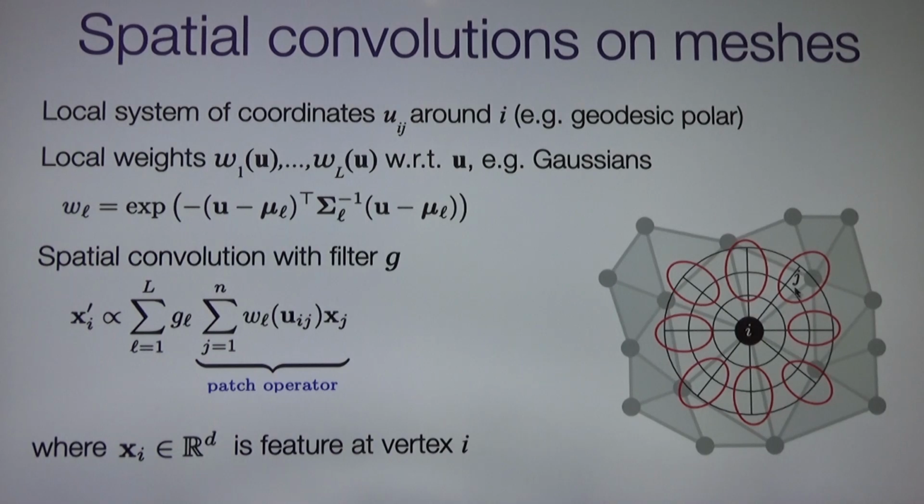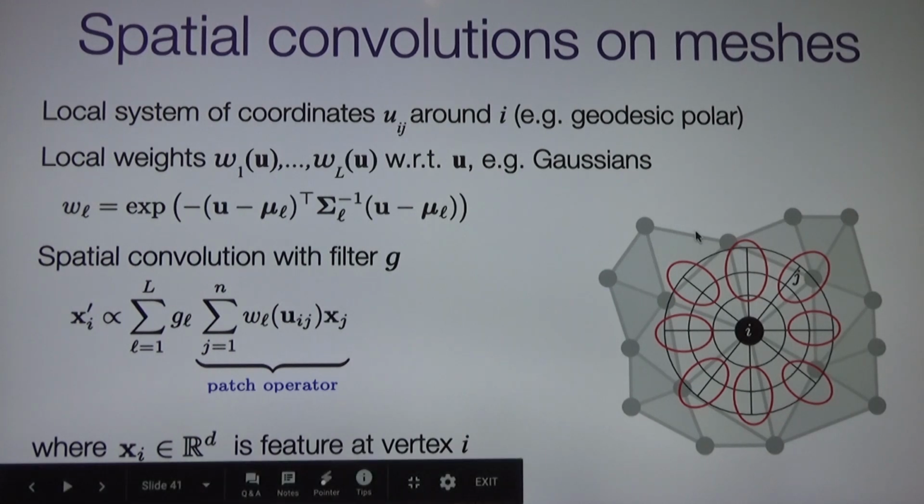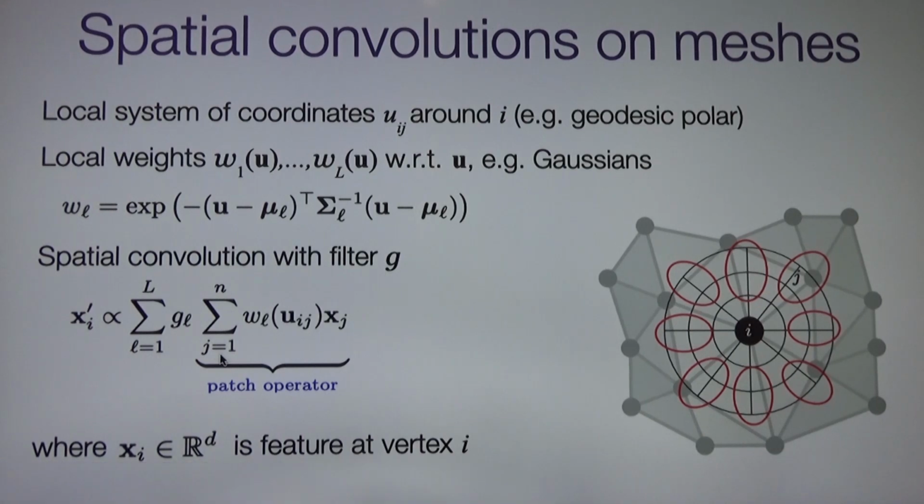So for each of these ovals, you just compute a weighted sum of the feature vectors that live in the entire mesh here. You can think about it as kernel regression or something like that. So this is just feature interpolation. And then you can just have a normal convolution, that is the vector-vector multiply, this inner product of 2 vectors.